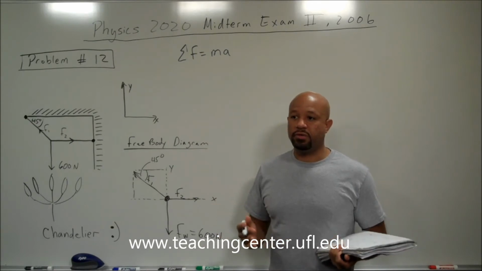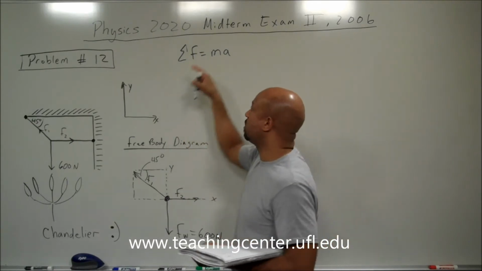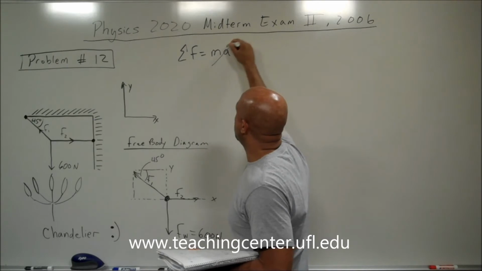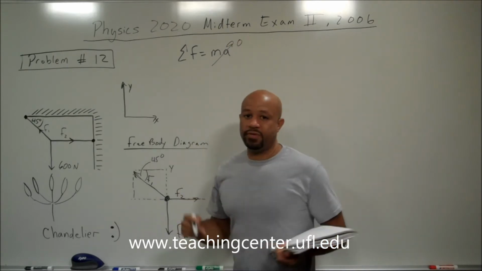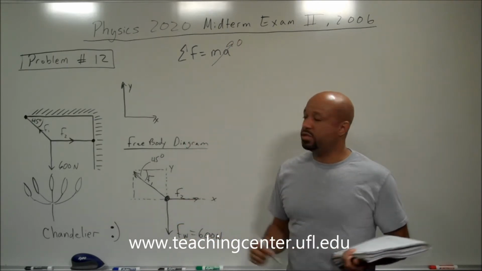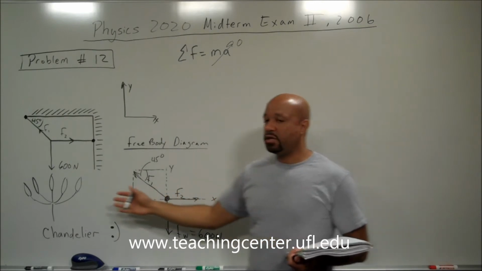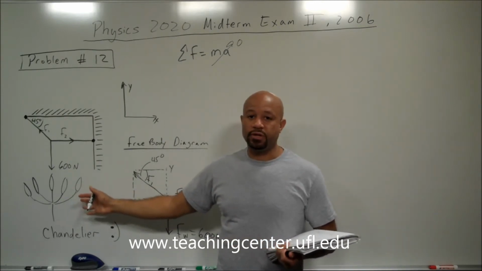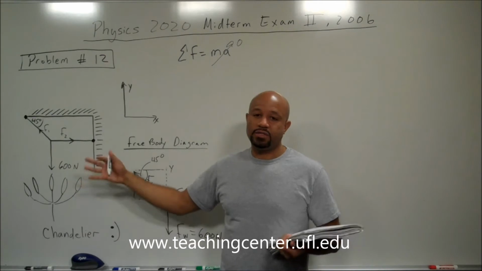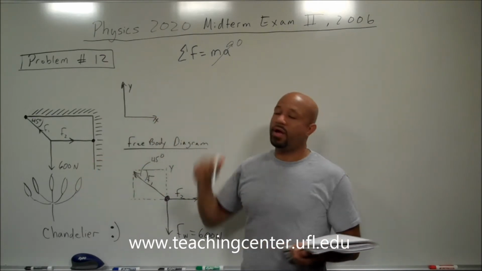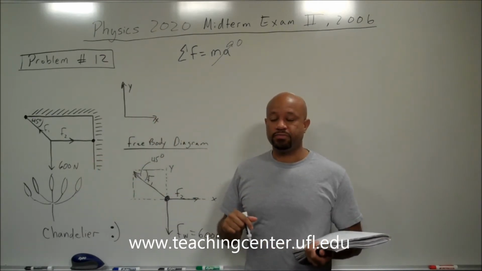And if it has no acceleration, then this part of the equation has to equal 0, because if a is equal to 0, this whole thing is equal to 0. In our case, the chandelier is being held up, so it's stationary and has no acceleration. So the right-hand side of the equation is equal to 0.